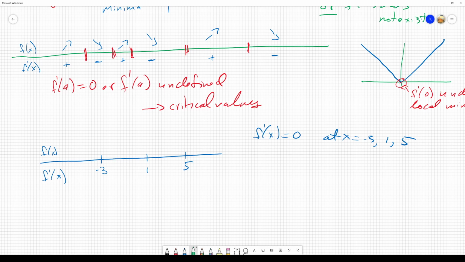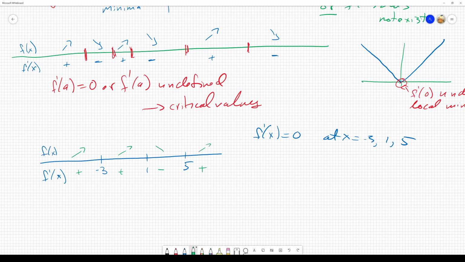And then you can plug values into the derivative to figure out where the derivative is positive and when it's negative. Let's say for a second we do that with some function f of x, and the derivative is positive, then negative, then positive. If the derivative is positive, that means the original function is increasing.